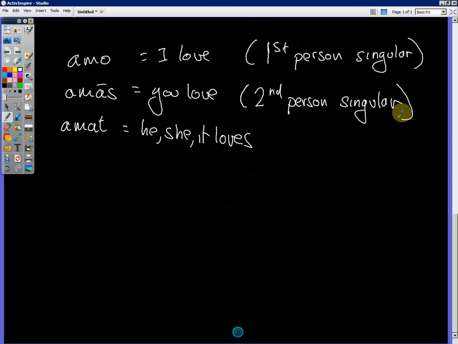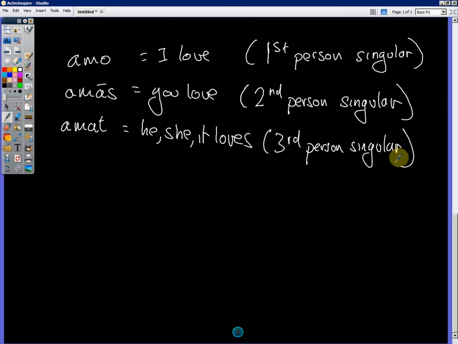But when you're speaking of someone or referring to someone, not speaking directly to them, not referring to yourself, grammarians call that the third person singular. So just a bit of terminology there. The I is the first person singular, you is the second person singular, and a he, a she, or an it is the third person singular.